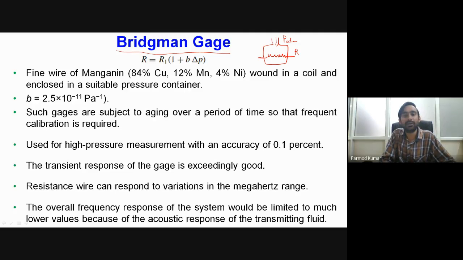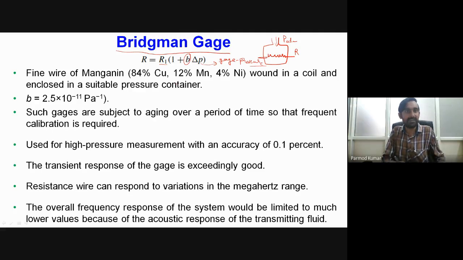You can see one relationship is given here: R is equal to R1 times (1 plus B times delta P), where R1 refers to the resistance of the wire at atmospheric pressure, and delta P is the amount by which we are changing the pressure with reference to atmospheric pressure. In other words, I can call it my gauge pressure. And B is a coefficient which relates the change of pressure with the change of resistance of the wire.